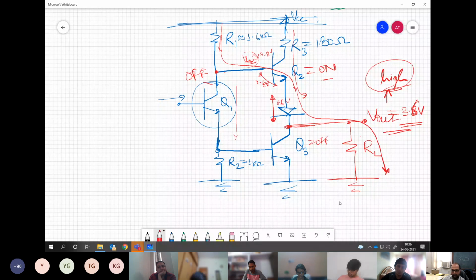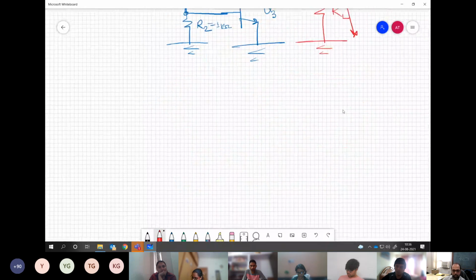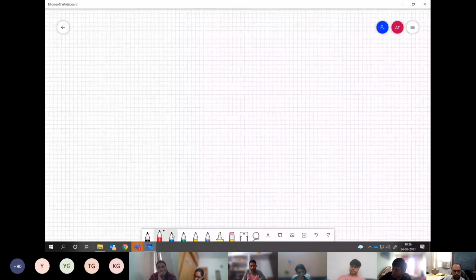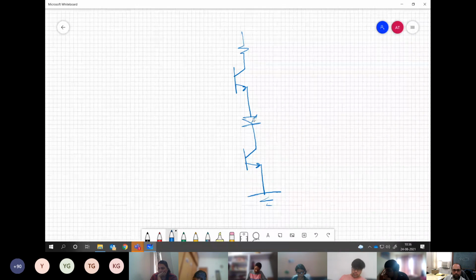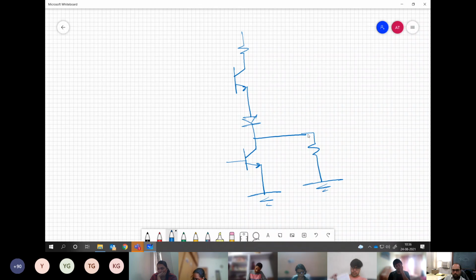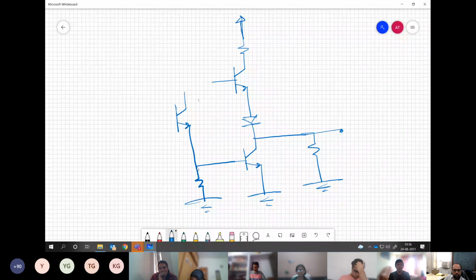Now, taking the second condition, let me draw another circuit to avoid any confusion. You must understand that this is something which has not come up overnight.